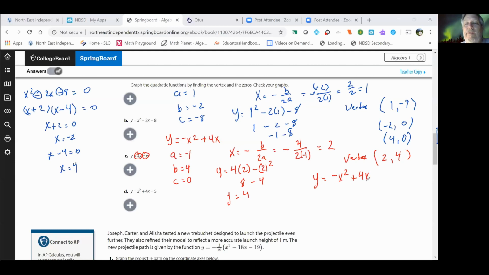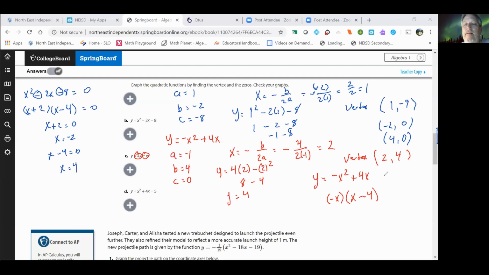In this case, my greatest common factor is x. I'm going to factor out a -x. All right, and then I'm going to go ahead and get the other factor. So -x squared divided by -x is just x. And then 4x divided by -x is going to be -4.